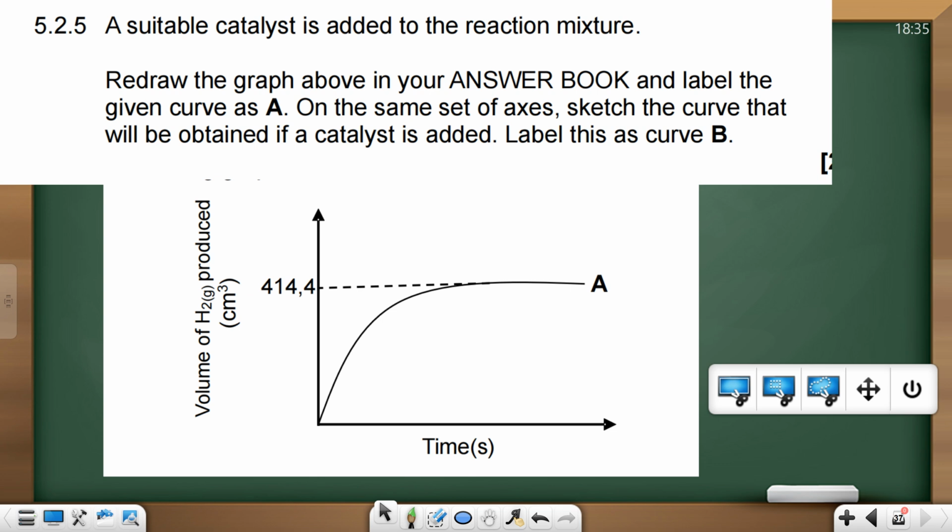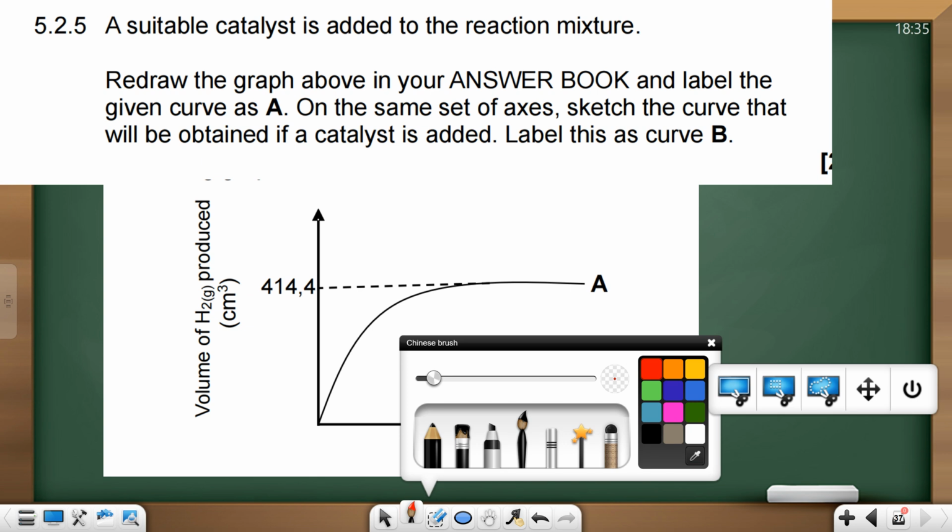Wait, what is a catalyst? A substance that speeds up, which means here I'm going to use a shorter time. Does it mean I'm going to produce more? No. Good. My graph is now done. Once you understand that.